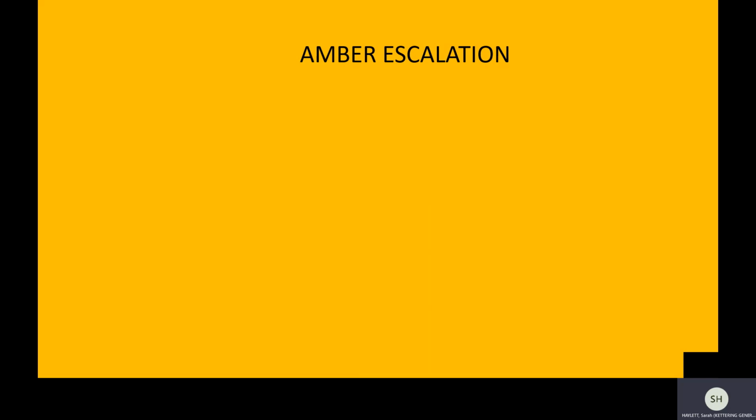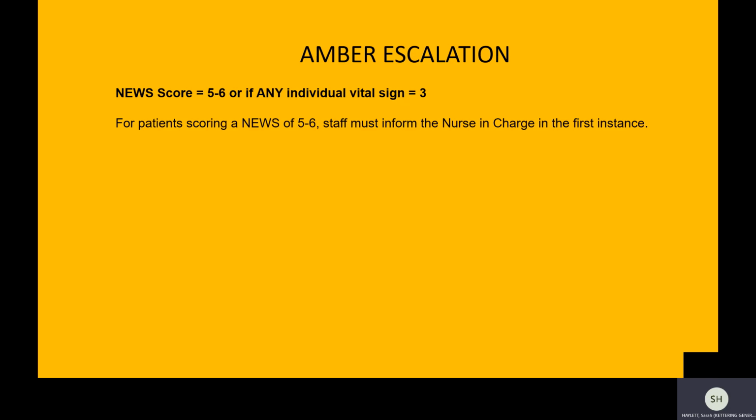And we have amber escalation. This is for any patient that has a NEWS score of 5 or 6, or if any individual vital sign scores a 3. For patients scoring a NEWS of 5 to 6, the staff must inform the nurse in charge in the first instance.